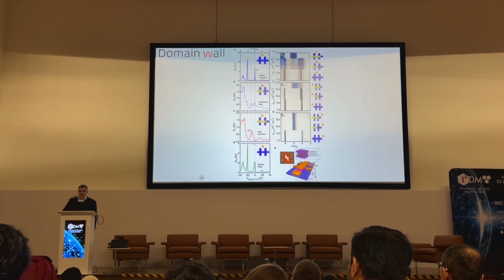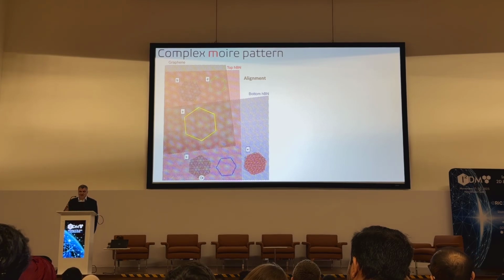But I should also say that it's much more complex than that, because if you have a moiré pattern, you don't need a sliding transition. It can be a local change of the rotation, with the global rotation kept constant.